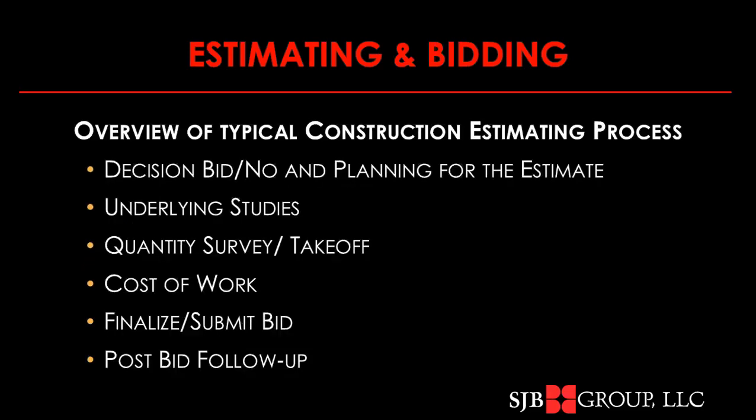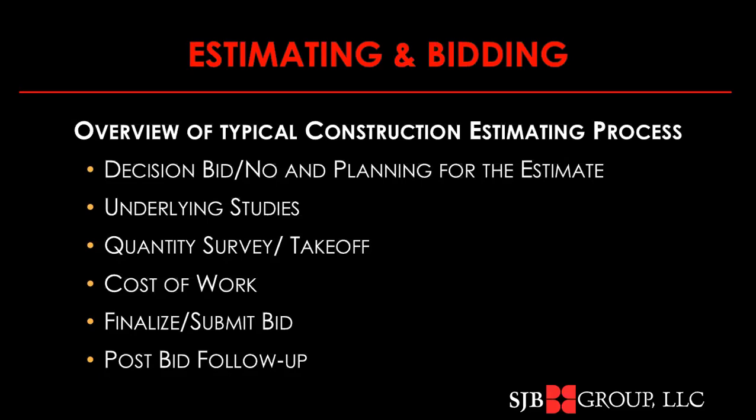So in review, here's our big six. We've dealt with the decision to bid or no bid, and we've planned for how we're going to proceed with preparation of the estimate. We've identified some underlying studies we need to do. We've touched on how we're going to do the quantity survey and takeoff process. We talked about how we're going to do the costing of our work.